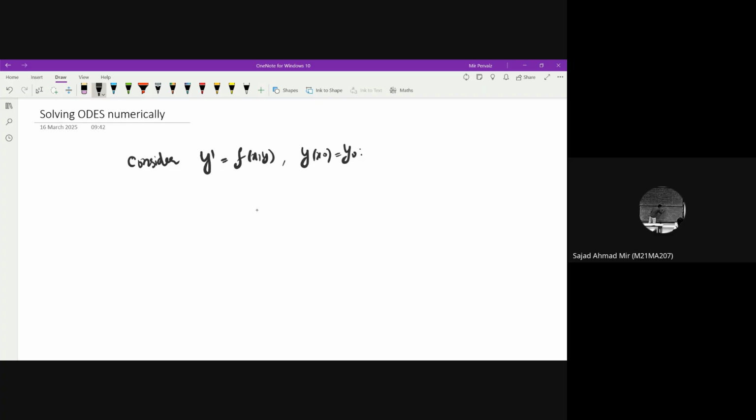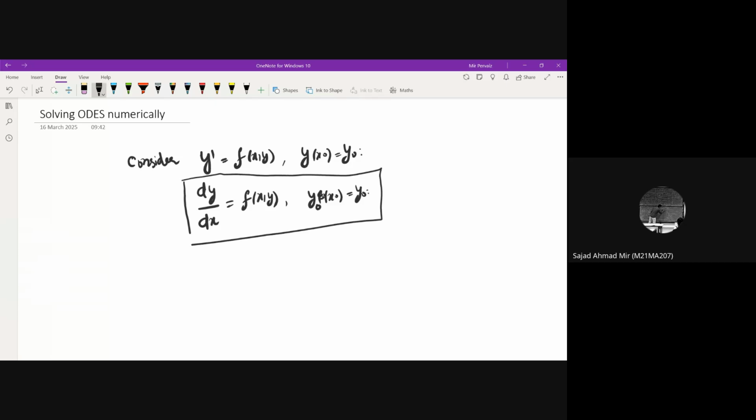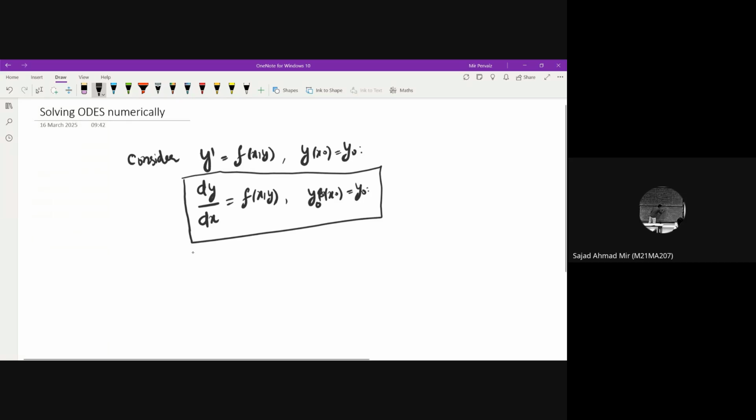So this is your differential equation, or you may write it in this form: dy by dx is equal to f of x, y, where y at x0 is y0. So this is your given system. You have to solve this equation numerically, to obtain a solution numerically.